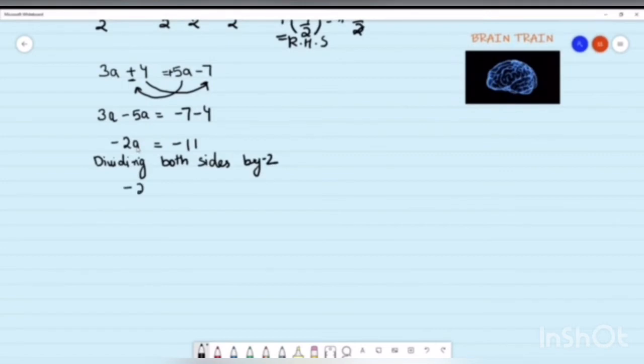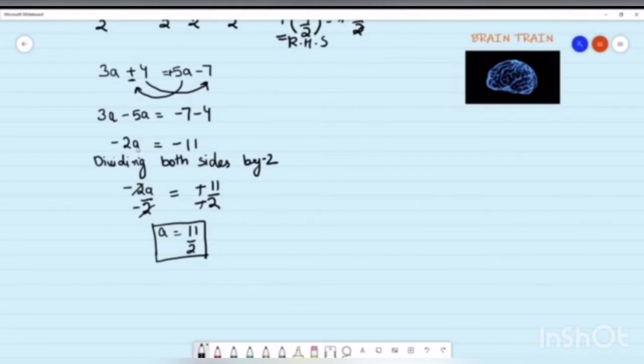So minus 2a upon minus 2 is equal to minus 11 upon minus 2. This negative sign will cancel out. So a will be equal to 11 by 2. This will be the answer for this variable.